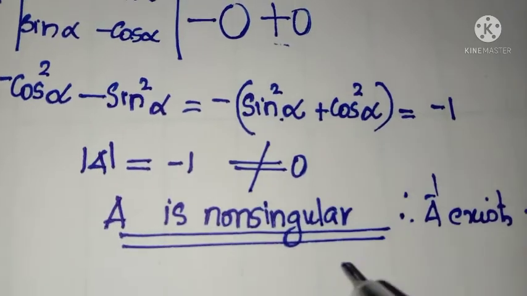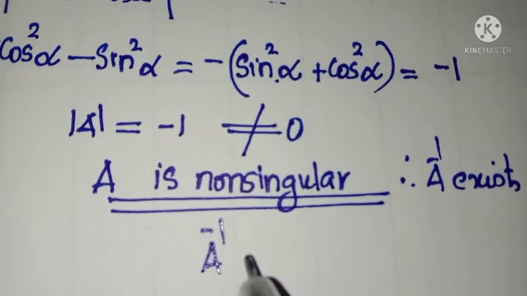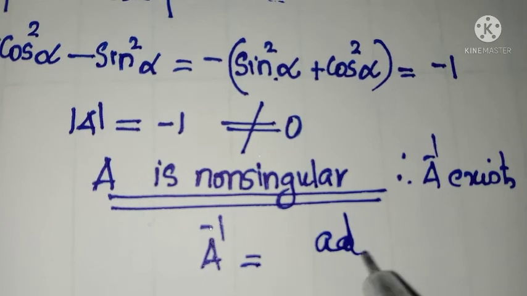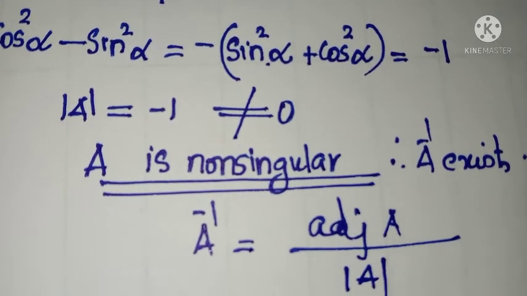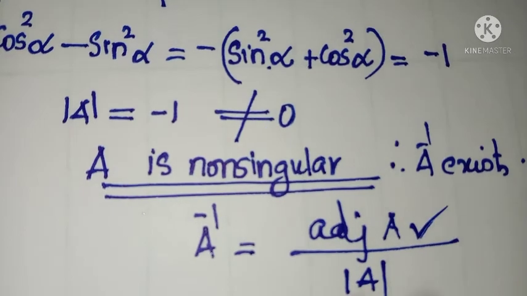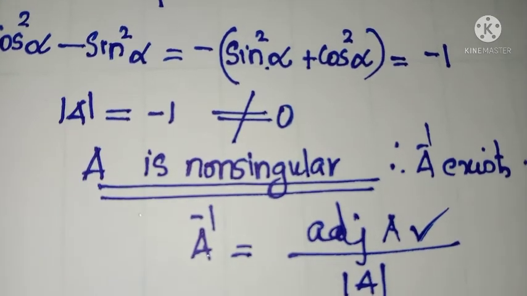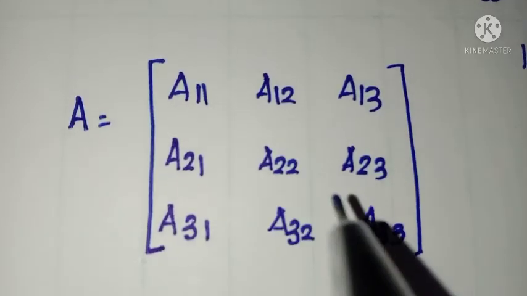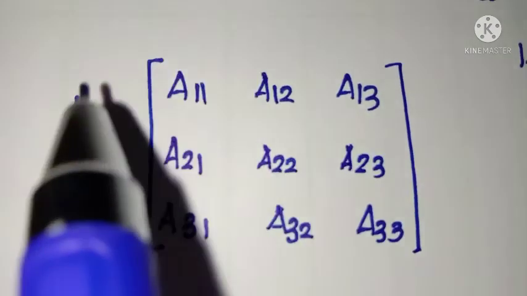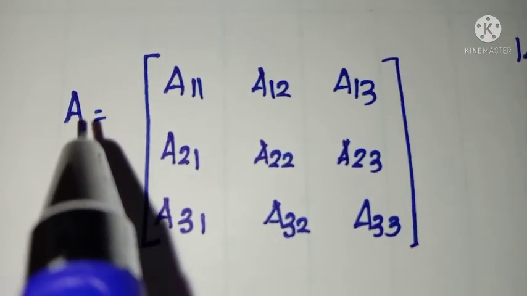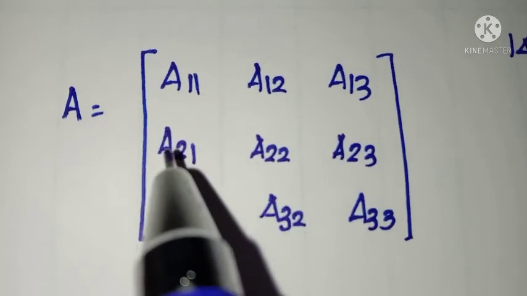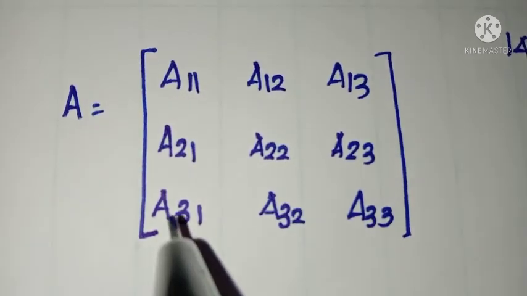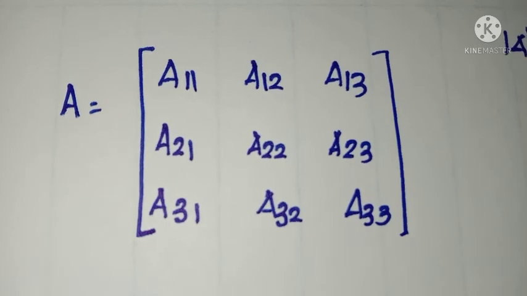Now we want to see A inverse, and A inverse is obtained by adjoint A divided by determinant of A. So we have to see what is the adjoint of A. To get the adjoint of A, we want to see the cofactor matrix, that is the matrix A11, A12, A13, A21, A22, A23, A31, A32, A33.